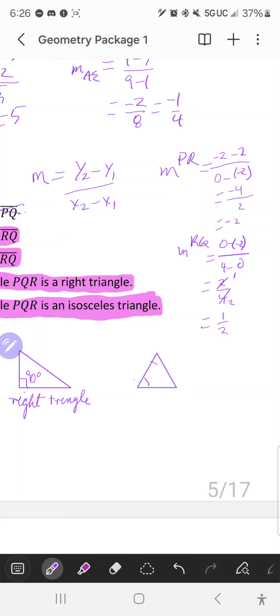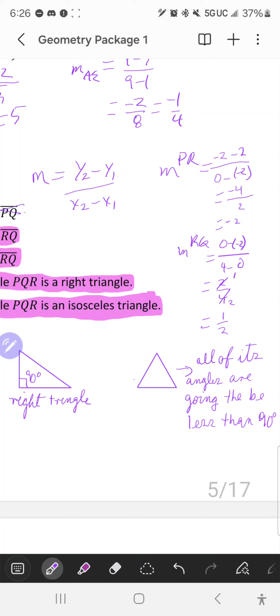It just means that all of its angles, not sides, I'm sorry, angles are going to be less than 90 degrees.